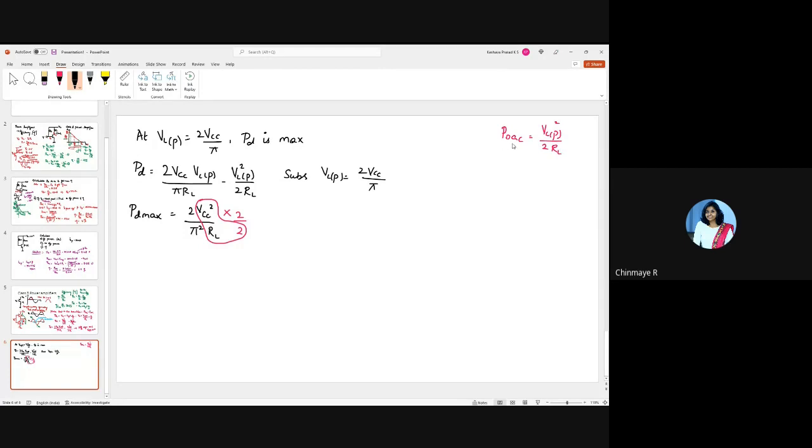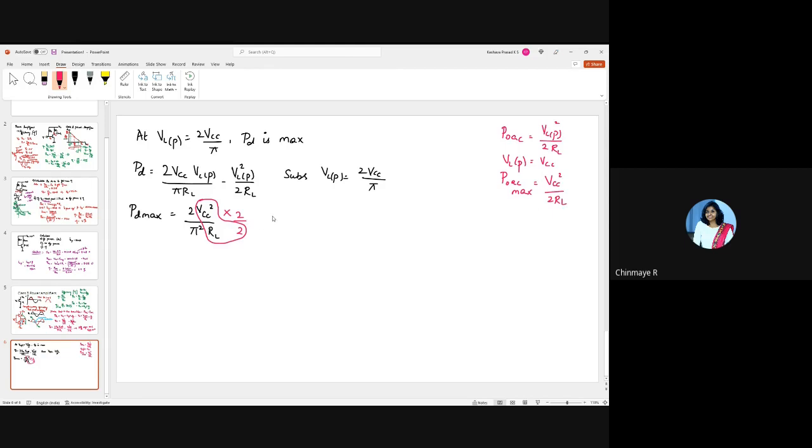So what is the maximum value of P naught of AC? This will be maximum when the peak value, that is VL of P, is equal to VCC, right? Therefore, I can write P naught AC max is equal to VCC squared by 2RL.